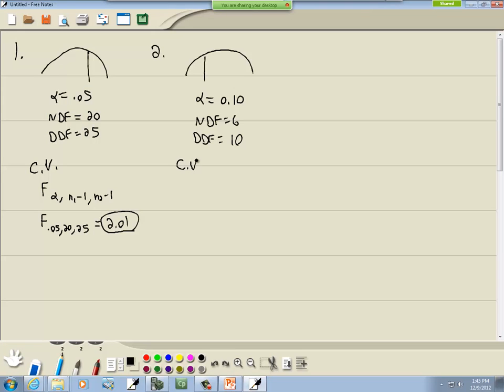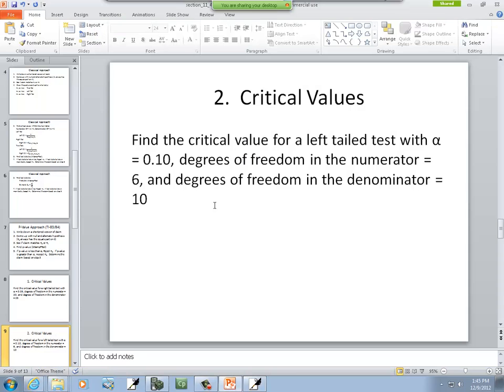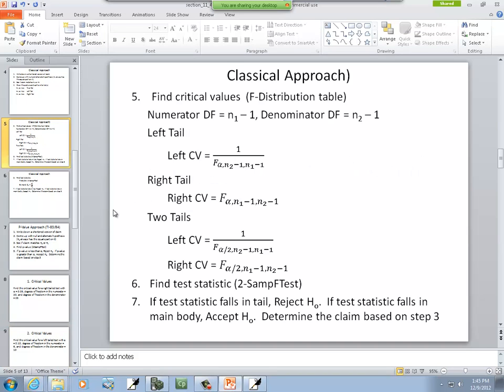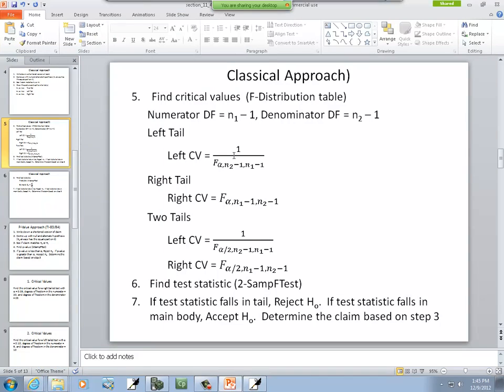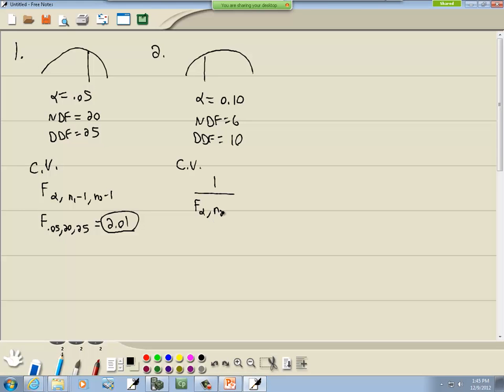So let's find our critical value. Well, we're dealing with a left tail here, so I'm going to go to the left tail formula. And this says that we're going to use 1 over F sub alpha, and then n2 minus 1, and then n1 minus 1.